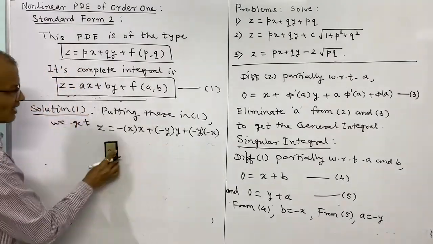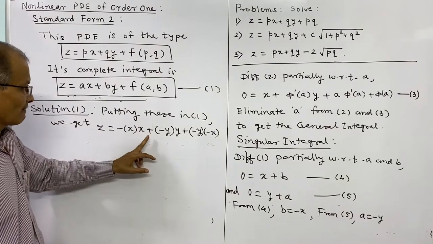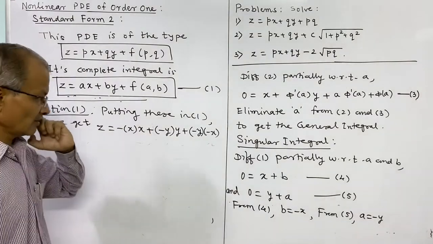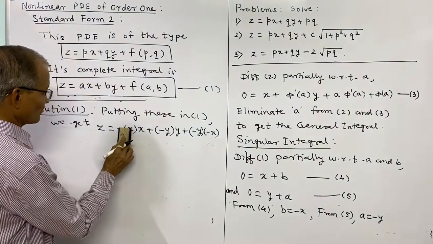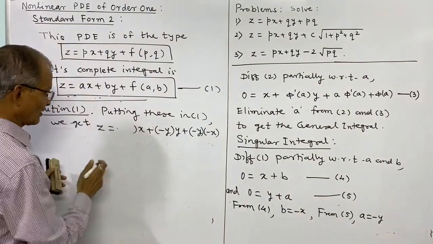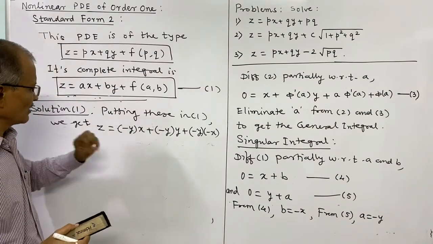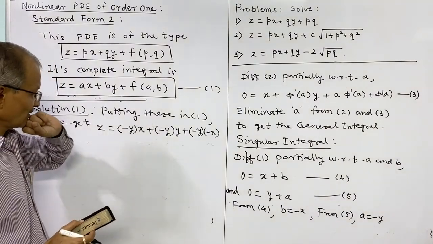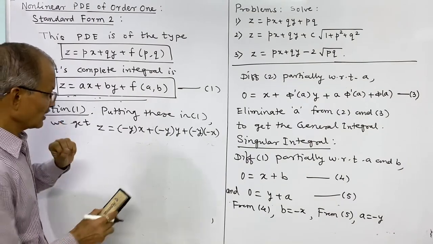What is the mistake here? It is a into x, a is negative y, so this is negative xy, and b is negative x.